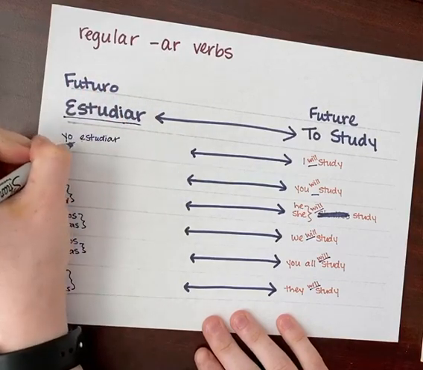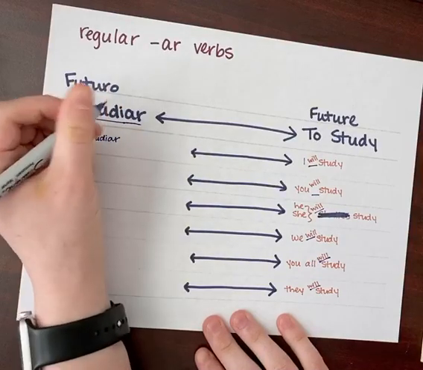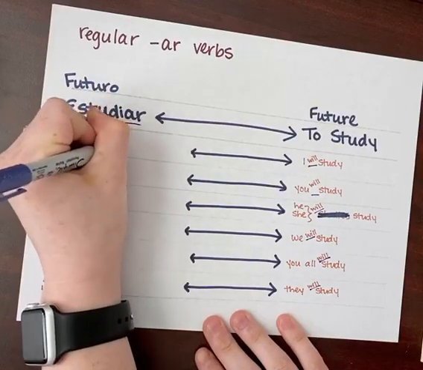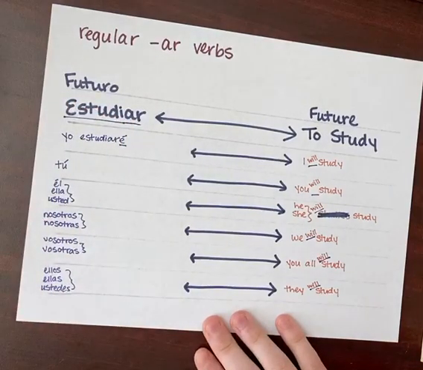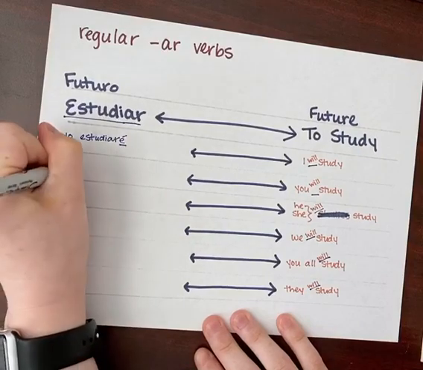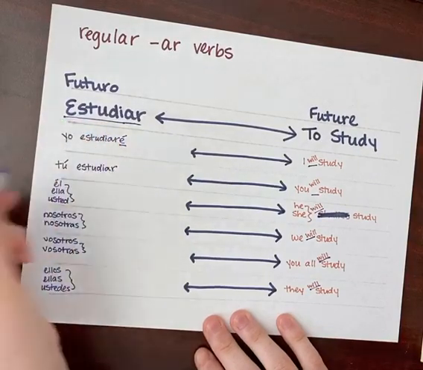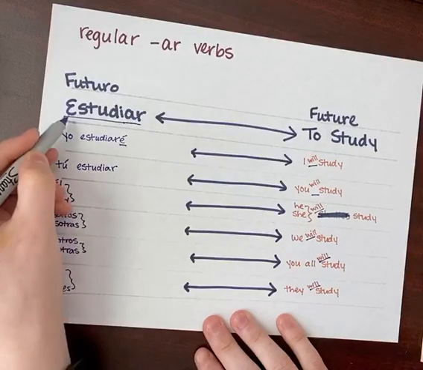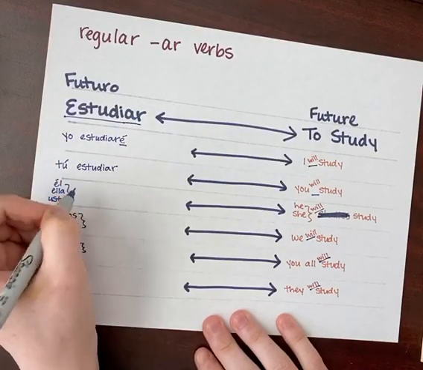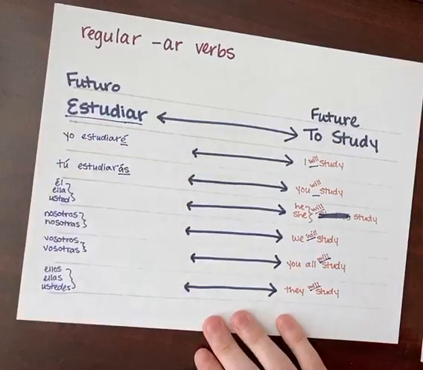So we have the infinitive, and then we are going to add an accented E. So then for tú, we're going to take the infinitive form of the verb, and then we're going to add an accented AS.